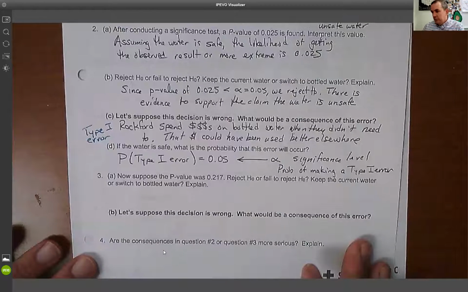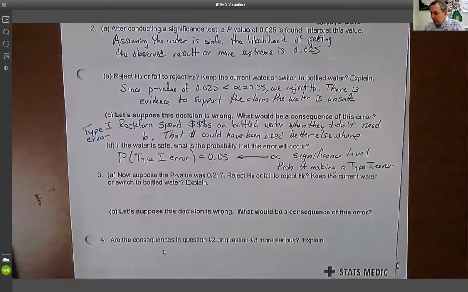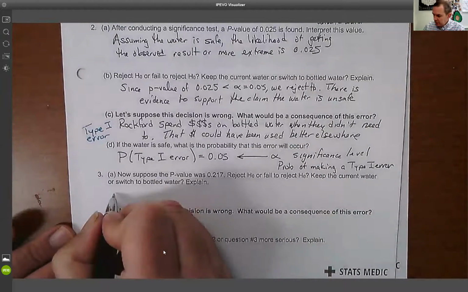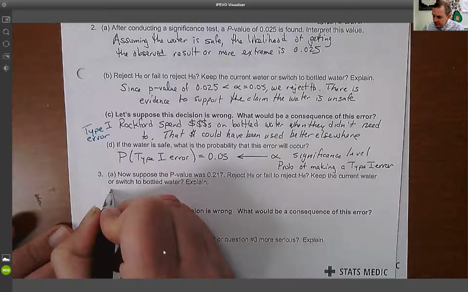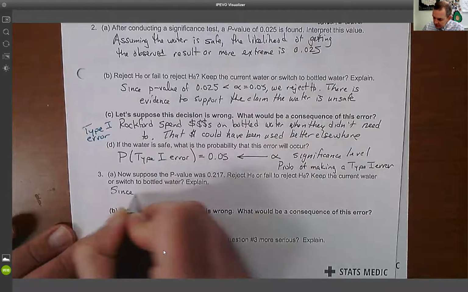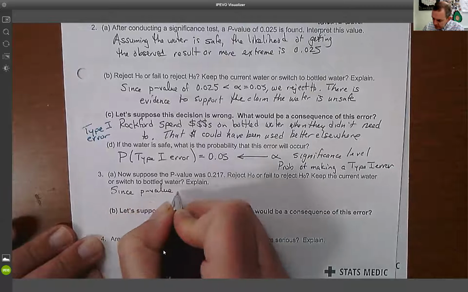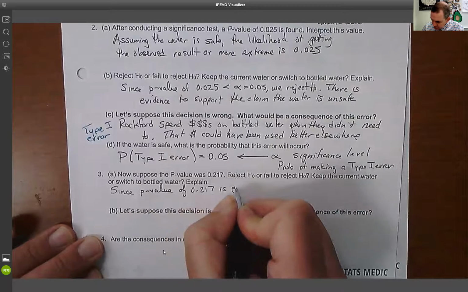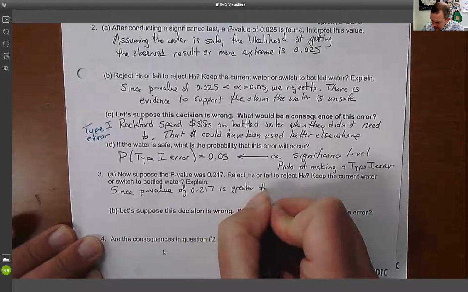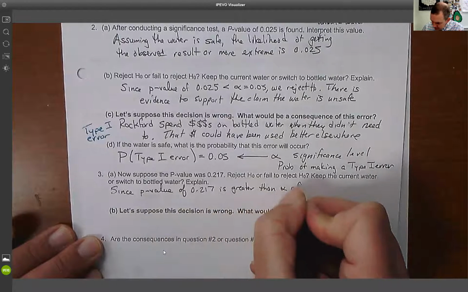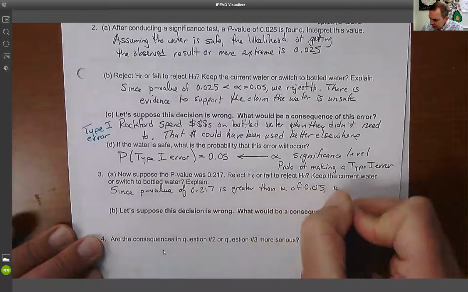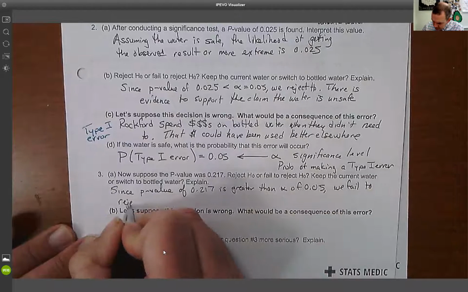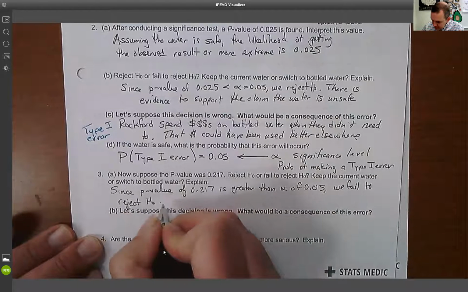Now let's say that we were running a completely different scenario, and we have a p-value of 0.217. So in this case, since my p-value of 0.217 is greater than my alpha of 0.05, we fail to reject the null hypothesis.